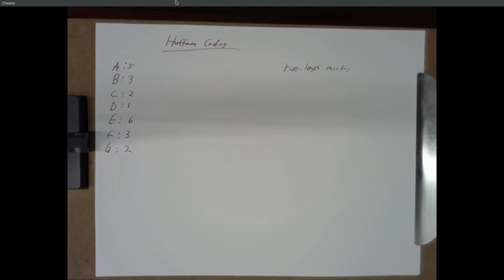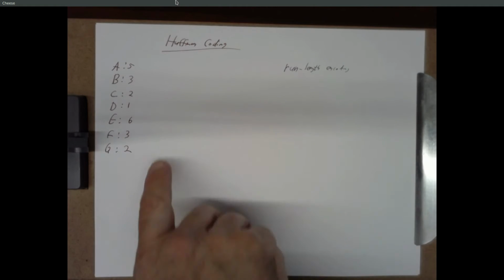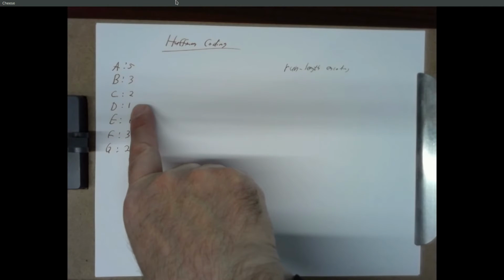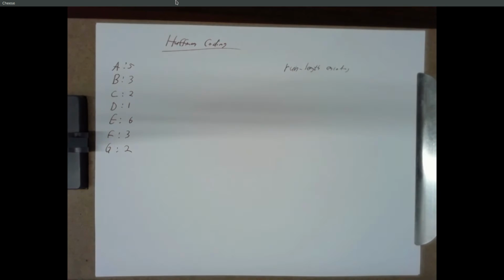All right, so 5321, 632, these are the relative frequencies. Higher number is more frequent. So E is the most frequently occurring letter. It occurs about 6 times as often as the letter D. Okay, these are just relative, so higher is more frequent.